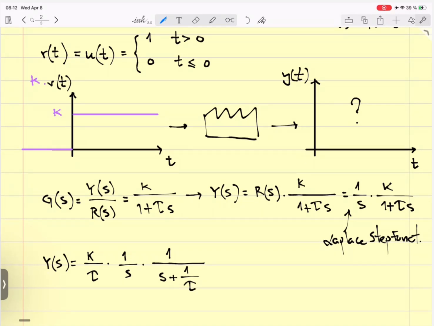Okay, I've just taken tau out of the system so that we can apply the Laplace transform easier later on. So this we can transform into a divided by s plus b divided by s plus 1 divided by tau.